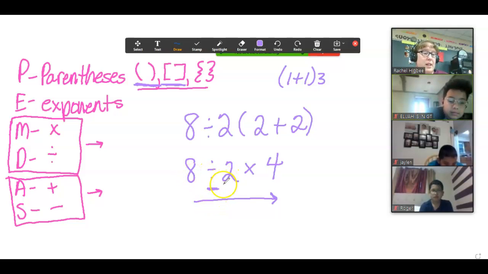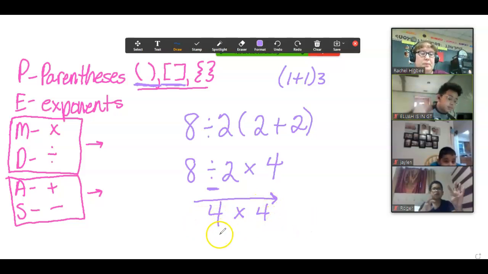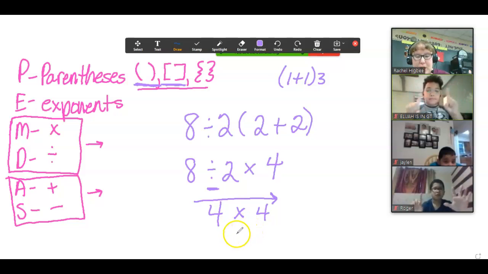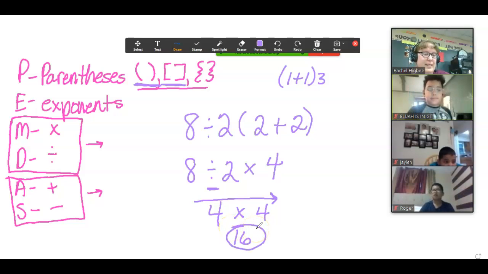So what's 8 divided by 2? 4. Good job. Okay, and I did not use the multiplication symbol or the 4. So what's 4 times 4? Good job, Roger. 16. So the answer here is 16.